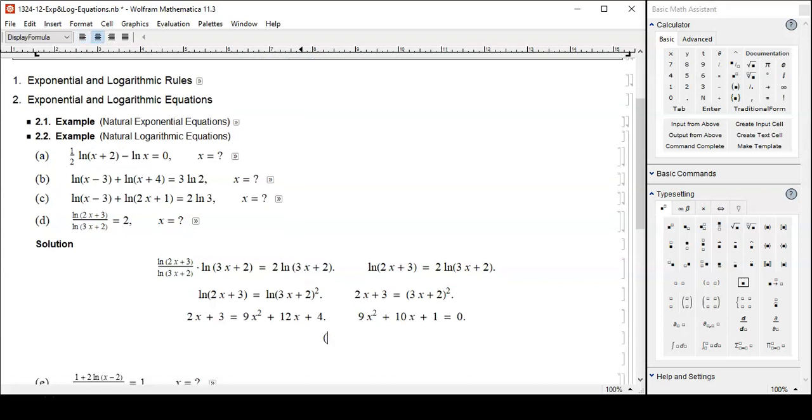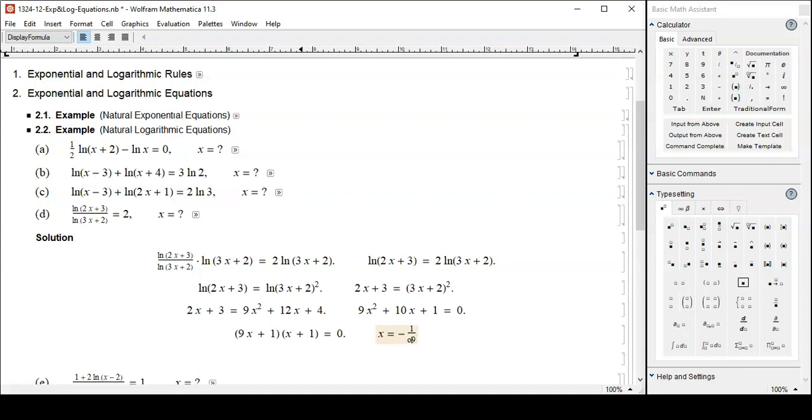And is that what you're getting? 9x plus 1, x plus 1. x is negative 1/9 from the first factor. x equals negative 1 from the second factor.